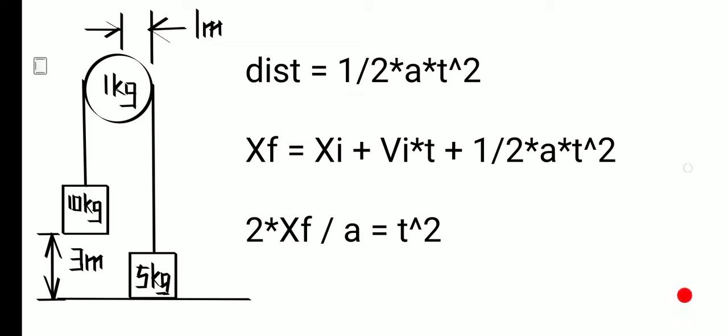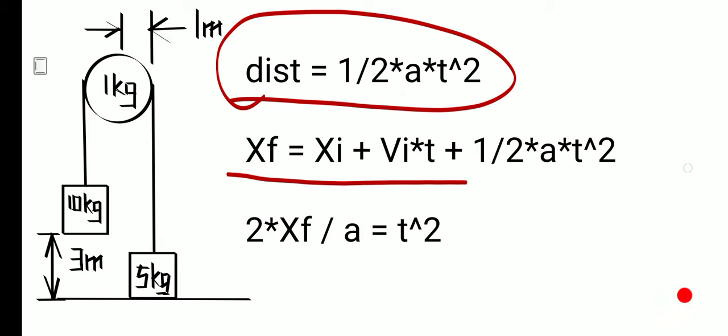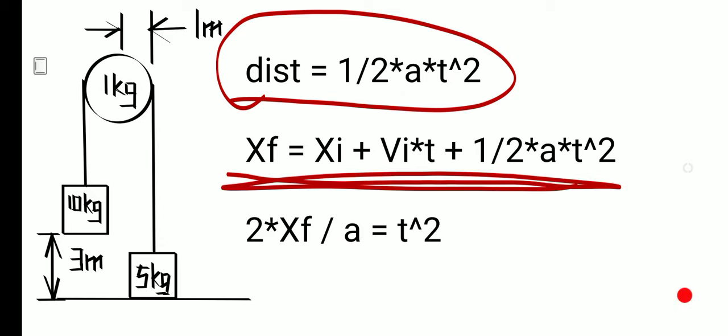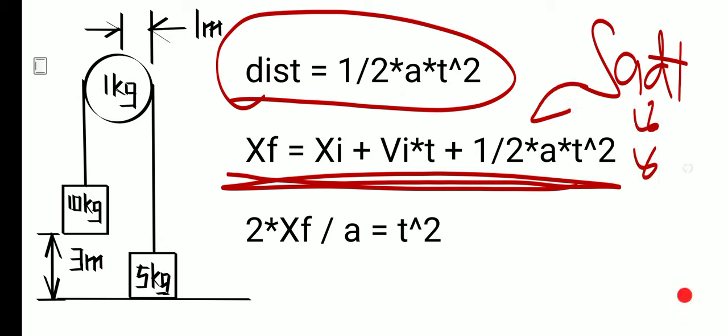Anyway, let's keep going. You have to use your distance equation here. This is the equation you're going to use, but it comes from the general 1D constant acceleration equation. You can get this by integrating A with respect to dt, and you keep doing it, and you get basically this equation. That's another topic for another video.